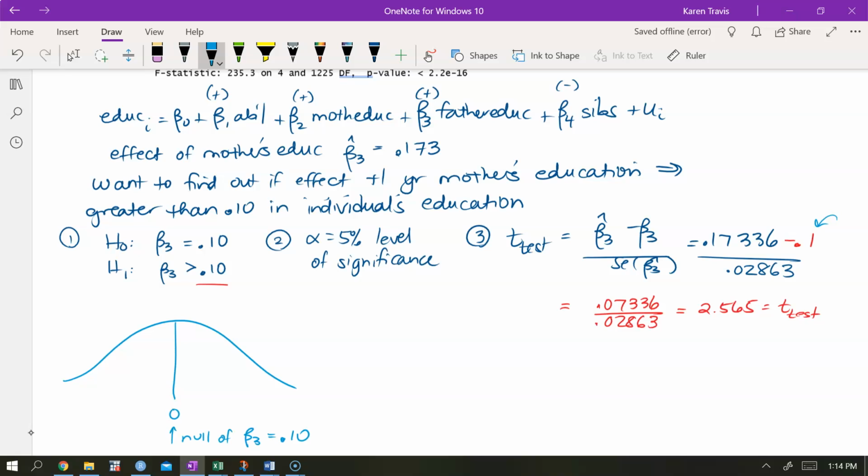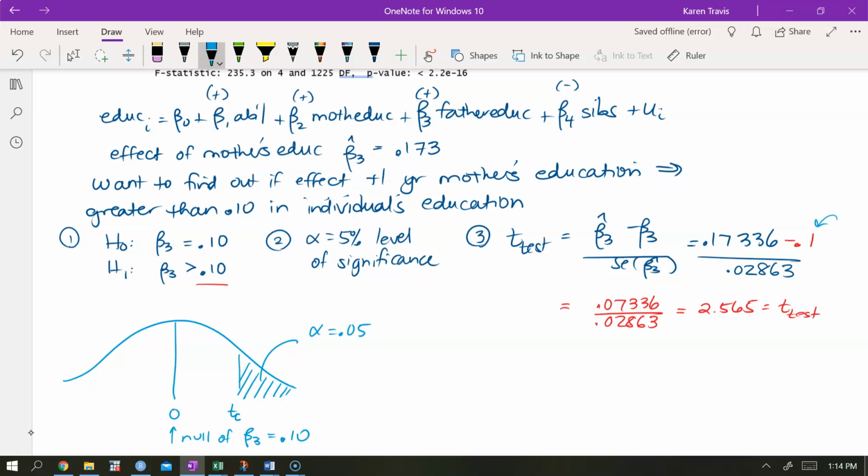I'm testing a greater than, which means I need my rejection region on the right-hand side, and it still needs to be 5%.